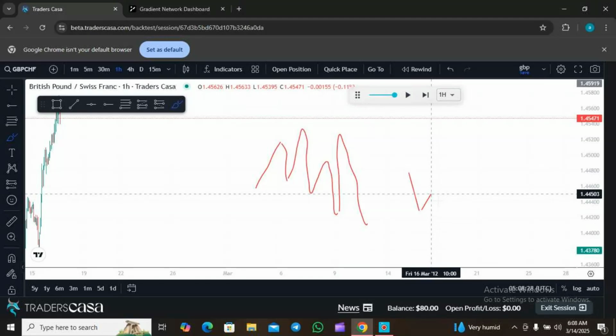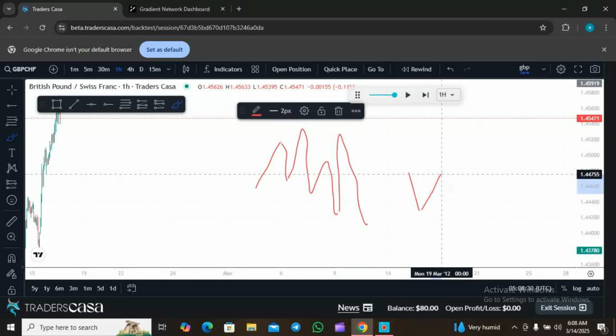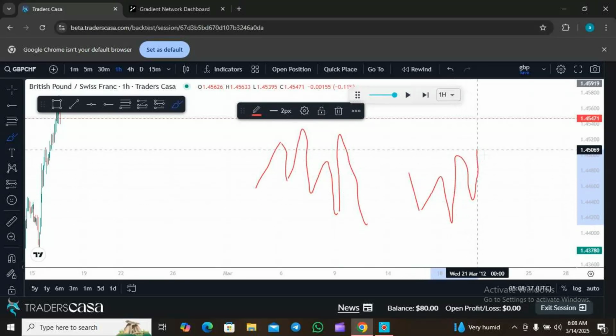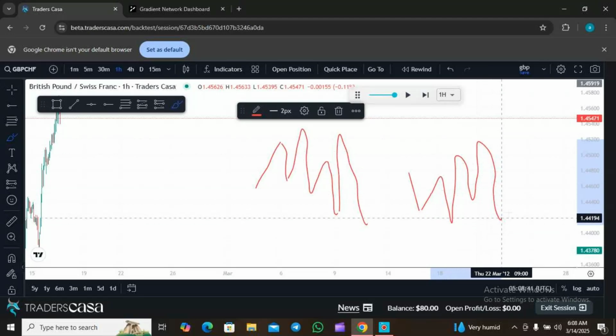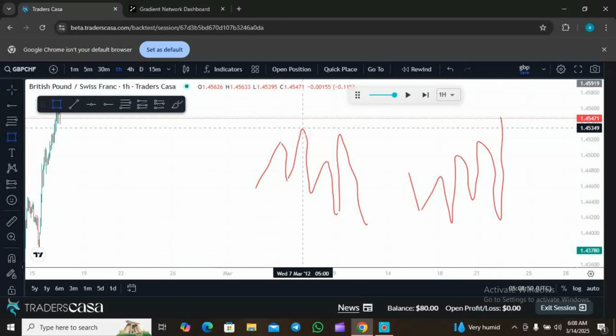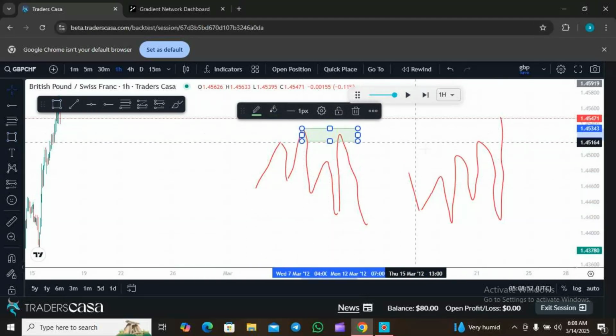There's a mistake here. Okay, sweep of the previous low, break of structure. Then price gave you a structural liquidity, comes to your POI and buys. So that is it. Most of you are conversant with this.